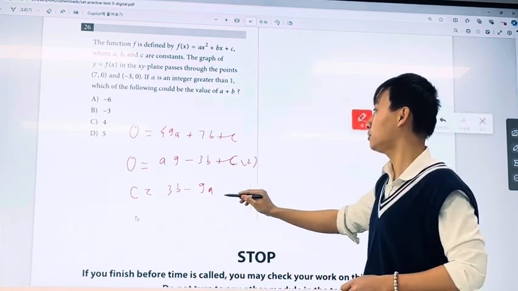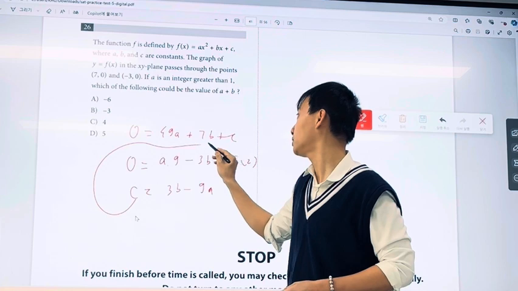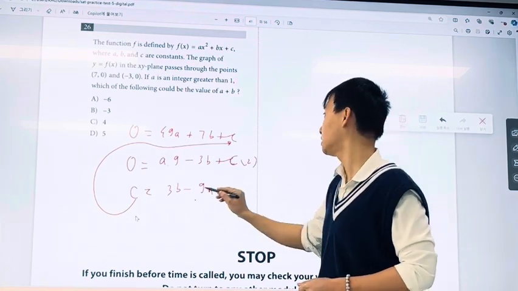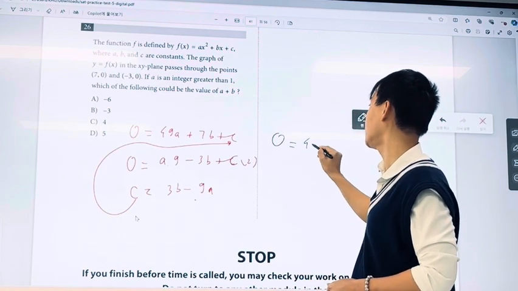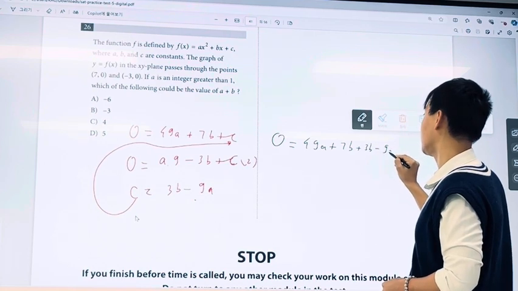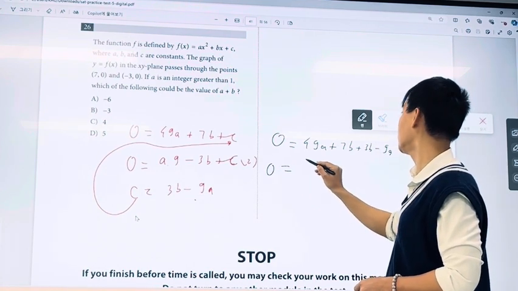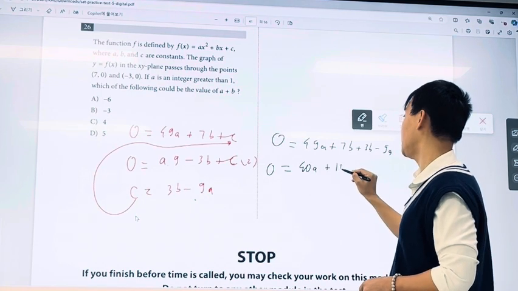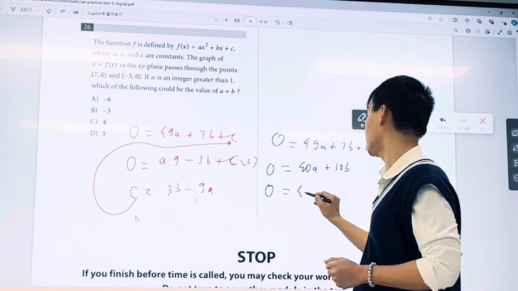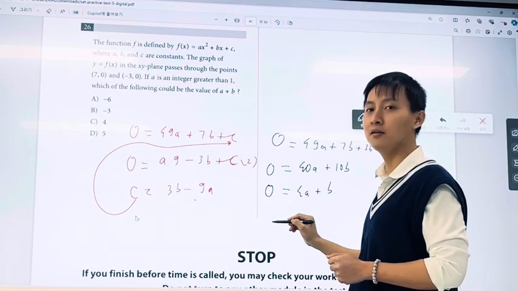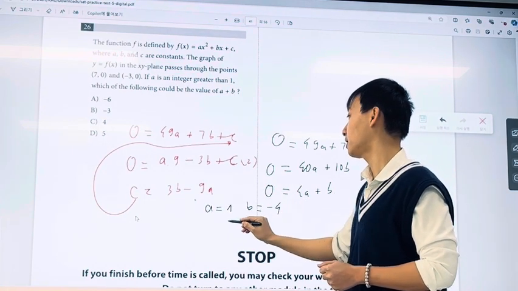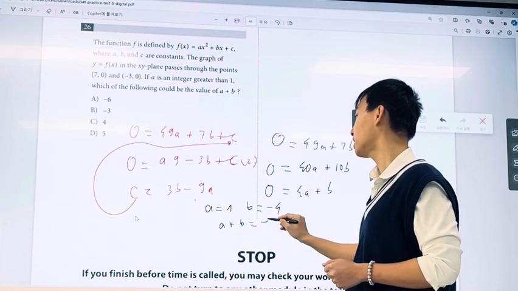So next, I replace c. It turned out to be 0 equals 49a plus 7b plus 3b minus 9a, so 0 equals 40a plus 10b. We divide both sides of the equation by 10. It's going to be 0 equals 4a plus b. Easy, right? When a equals 1, b equals negative 4, and a plus b equals negative 3.